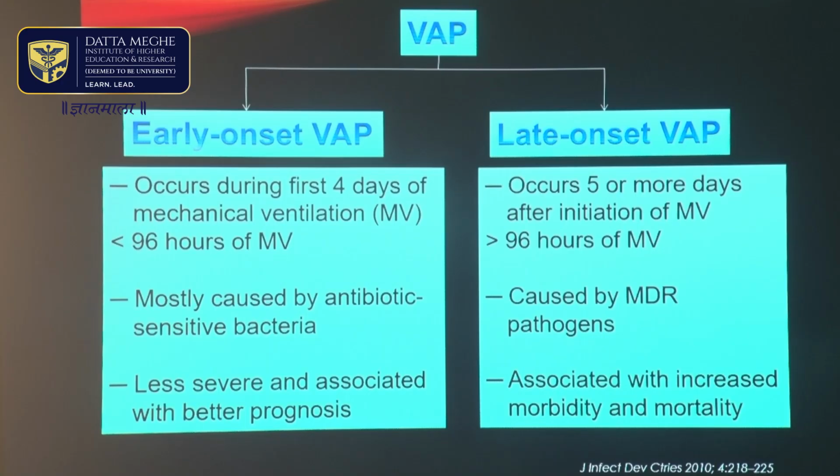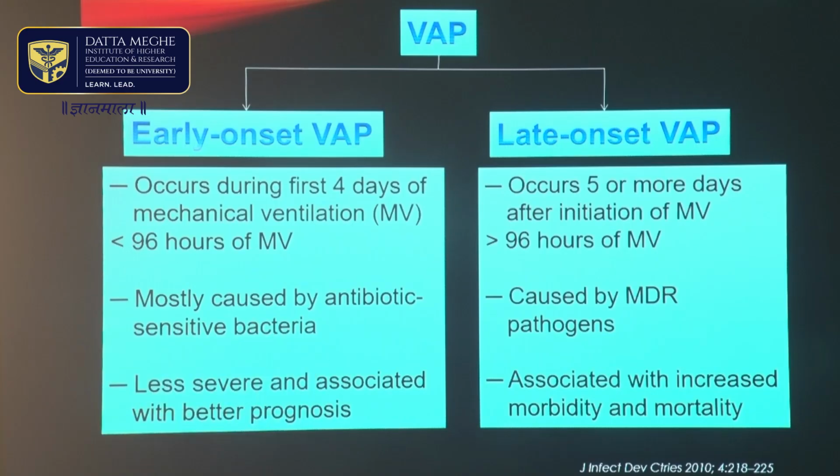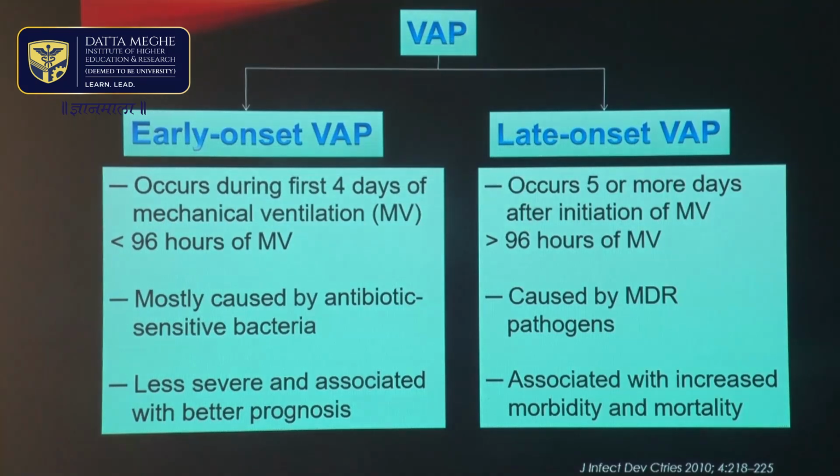Early onset VAP is mostly caused by bacteria which are sensitive to antibiotics, and the patients' prognosis is comparatively better, with less severe pneumonias.